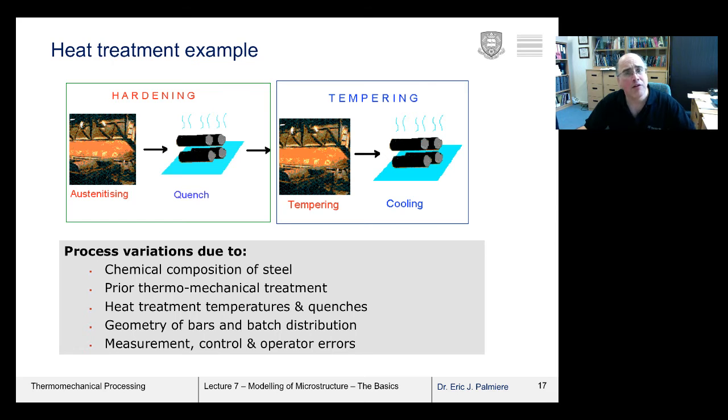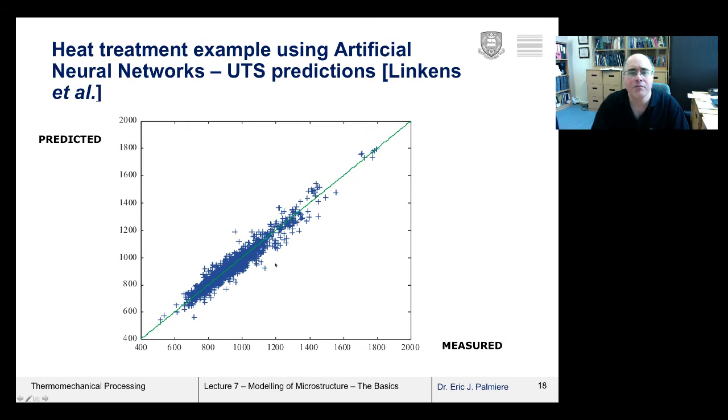We have a large number of variations that take place. But of course, one of the beauties of the data from the steel mill is that we have a wealth of data to put into such a model so that, in spite of all these variations, we can quite reasonably predict properties.